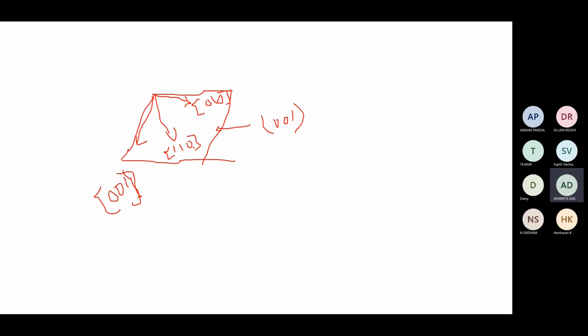Any idea? Suppose I go by the picture. There are three slip systems, right? The first one is 0, 1, 0, in this direction.